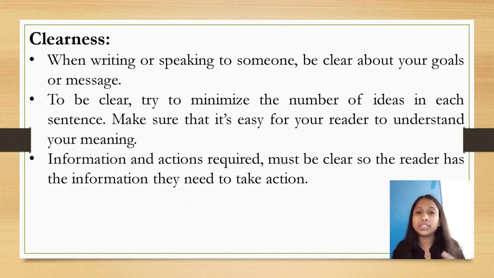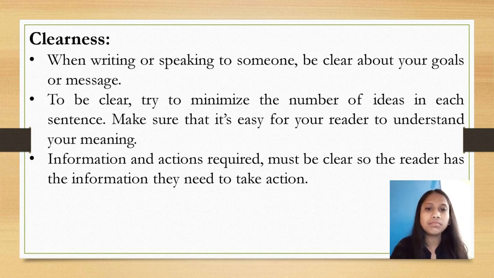So here you as a speaker need to be very clear about your goals, that what exactly you want the audience to know and to do after listening to your message or speech. Because if you are not clear, your audience will also not be clear. So you need to specify everything in your message, and also be very clear about the action that you want your audience to take. So this was about the clearness.